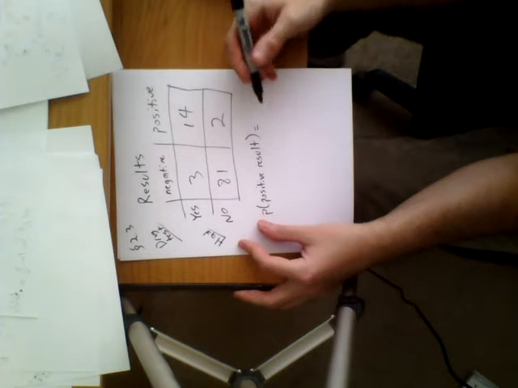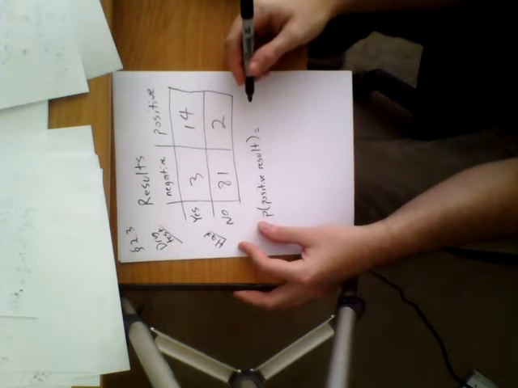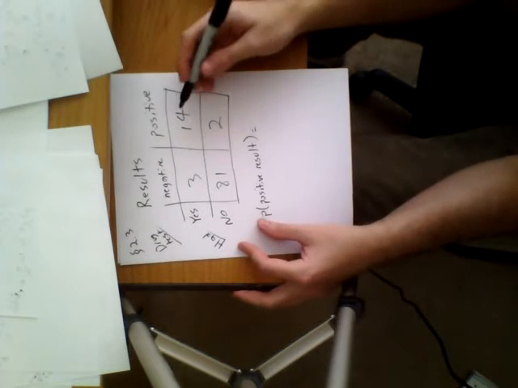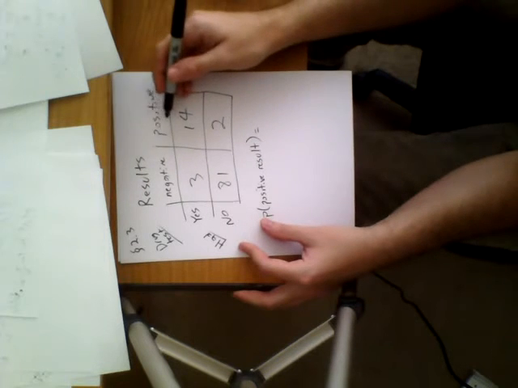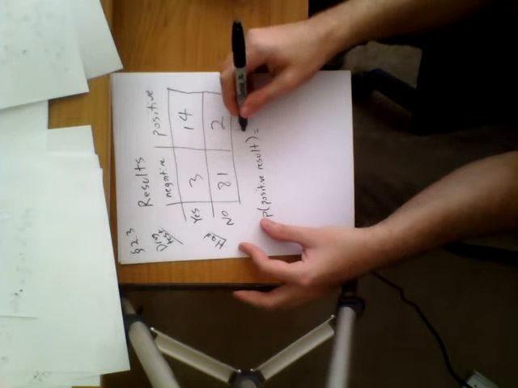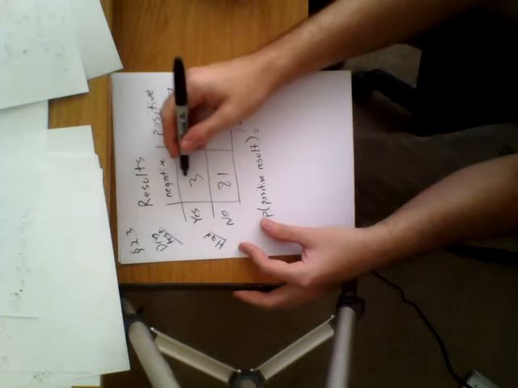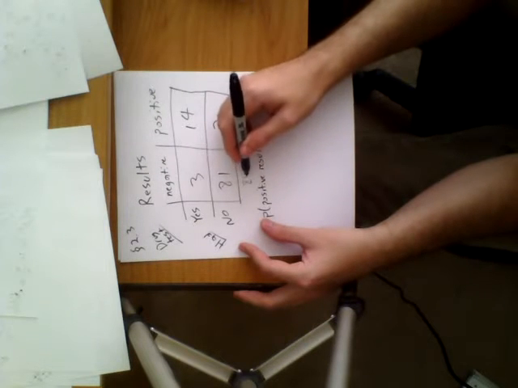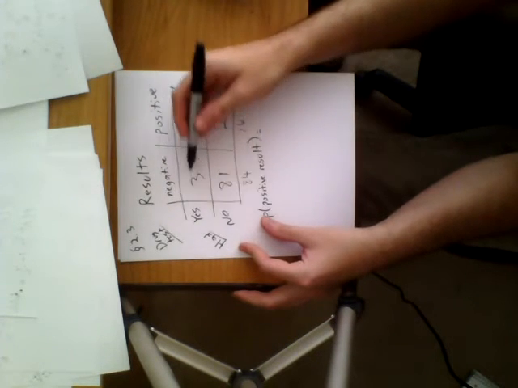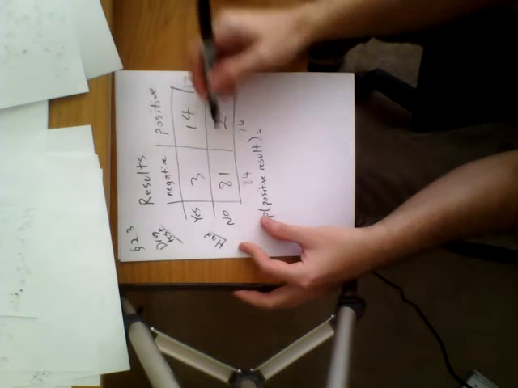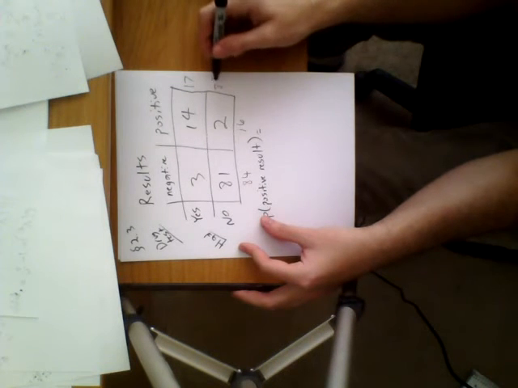Positive result. Well, how many positive results do we have? Anytime you get a chart like this, the first thing you should think about is, alright, what's the total positives? We have 16 here. What's the total negatives? We've got 84. What's the total yeses? 17. And the total no's? 83.